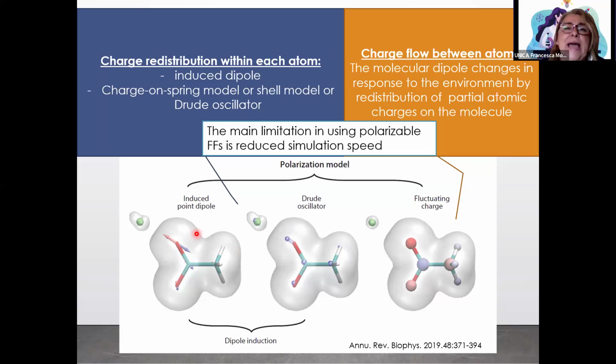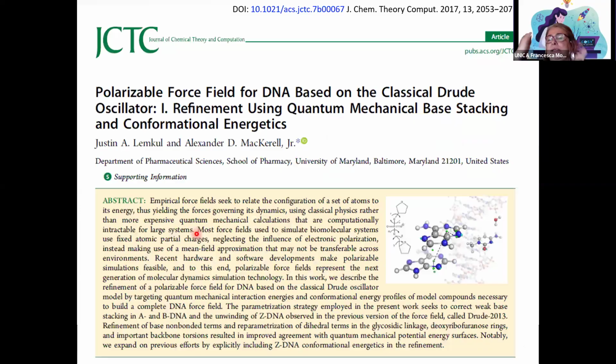But there is an active area of development of polarizable force fields based on the classical Drude oscillator, and here is shown one important paper concerning the development of this force field.